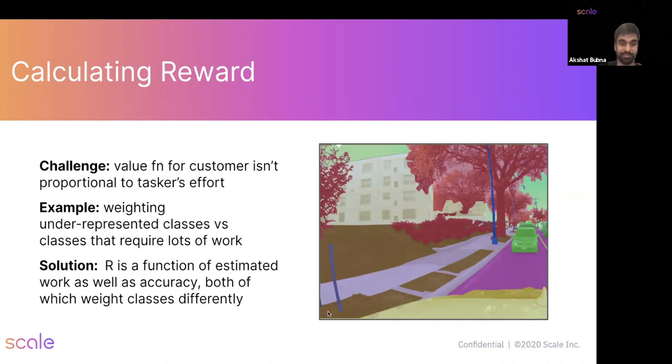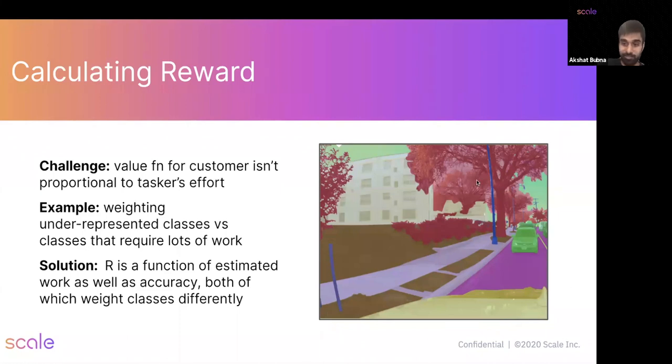Great. Another challenge is that the value function for the customer is actually not proportional to the amount of effort a tasker has to put in. What that means is that we might want to weight some underrepresented classes or some really hard or egregious classes really highly, which would mean that the weight for really common classes is relatively lower.